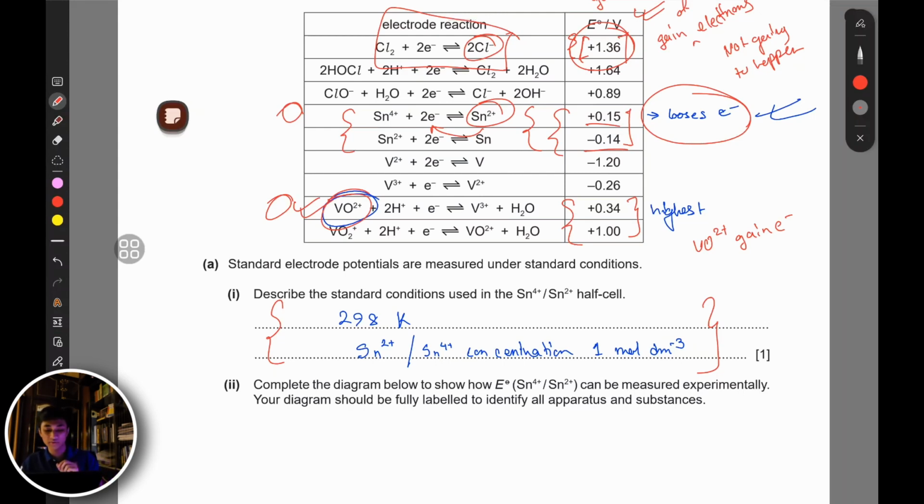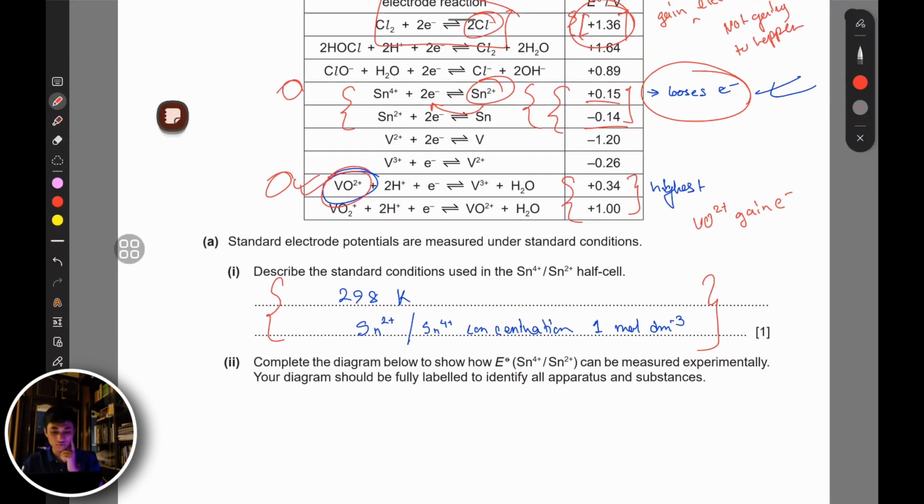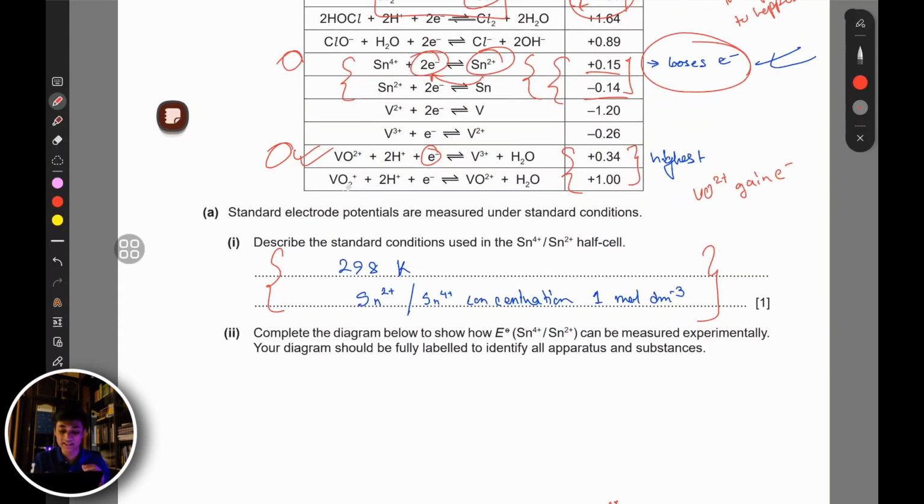Great. So how do we work with the equations? We're going to see the number of electrons. Here there is an exchange of 2 electrons. Here there is an exchange of 1 electron. So let's multiply this equation by 2. So it's going to be 4, 2, 2, 2.